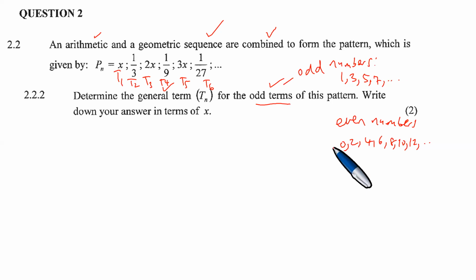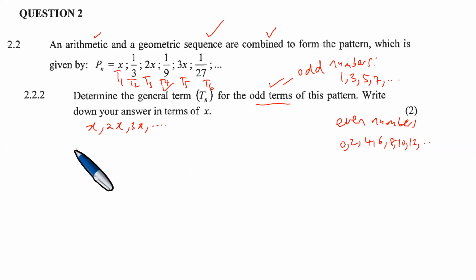So now we continue and we solve the problem. We need to find a general term for the odd terms. The odd terms would be x, and then 2x, and then 3x, and so on.